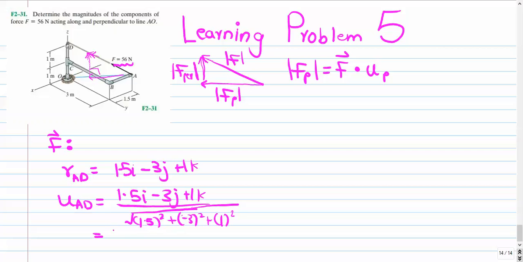And so the answer that we end up with is 3 by 7i minus 6 by 7j plus 2 by 7k.